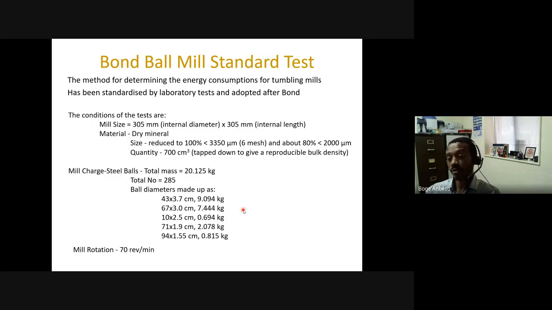So you can actually increase your grinding rate, but you're not following the revolutions as stated in the method. So your result will be different.